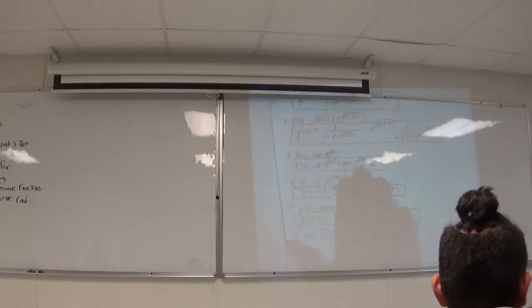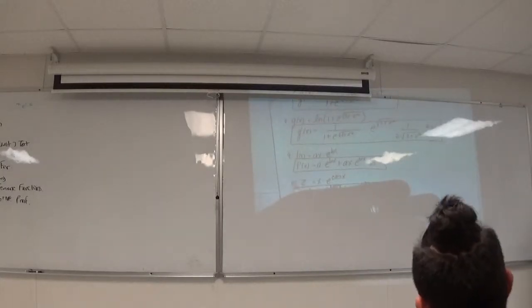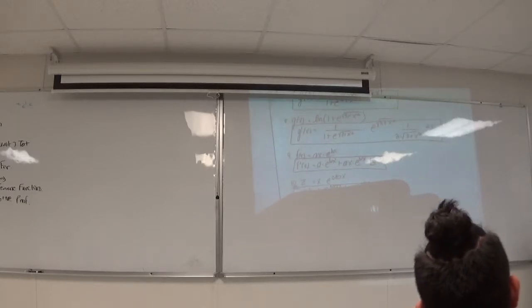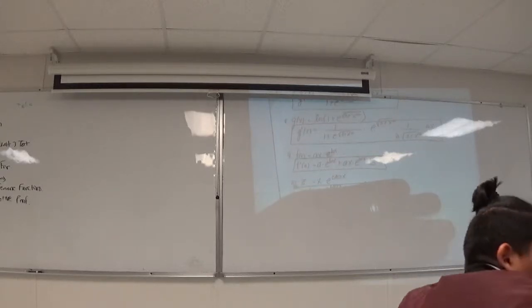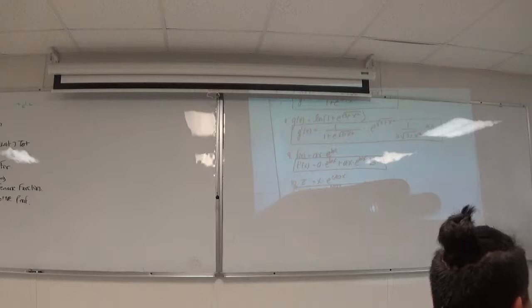Okay, number 10, x times e to the power of cosine of x. What derivative rule? Chain rule. Where do you see chain rule? E to the power of cosine of x.